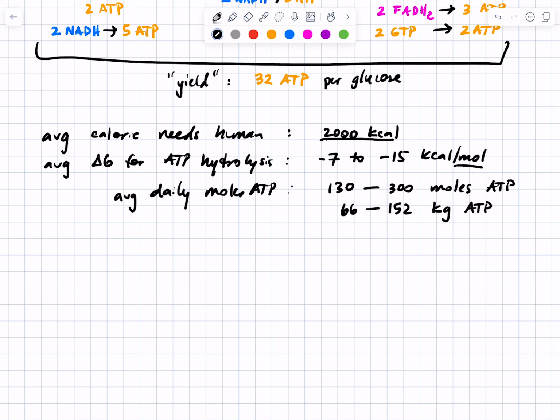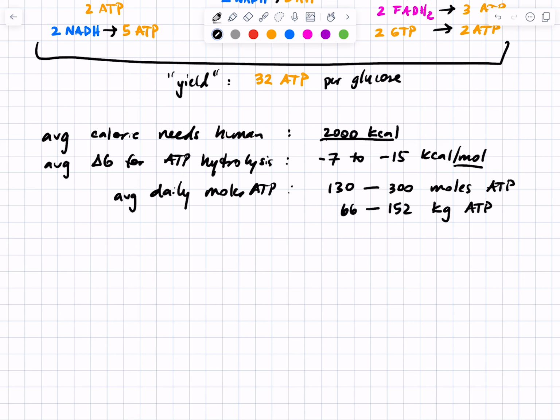Now, in the United States, we deal mostly in pounds, so you may not have an idea of what a kilo is, but average human body mass is in that range. And you know that you're not actually composed of 66 to 152 kilograms of ATP.